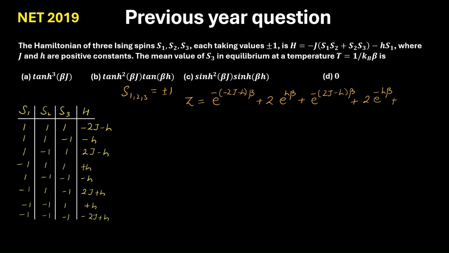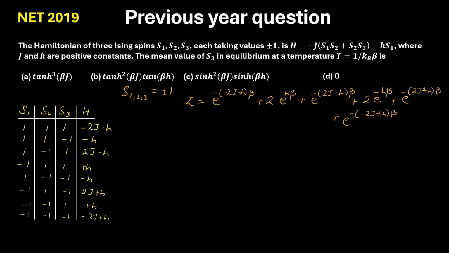Then you have e to the power minus 2J plus h times beta, and one last term, that is e to the power minus of minus 2J plus h times beta. So this is the partition function.